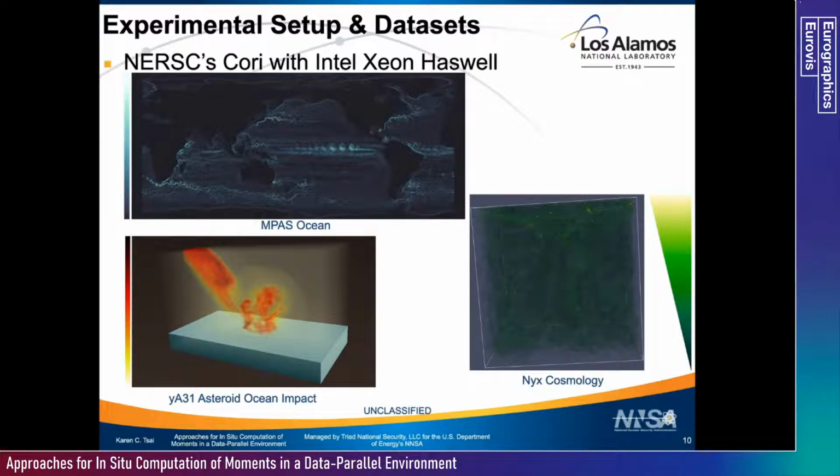Next, shown in the bottom left image, is a single time step from the YA31 asteroid ocean impact simulation. For this dataset, we focus on the temperature 3D scalar field. The third dataset is shown on the right. It is a single time step from the Nyx cosmology simulation. Here we focus on the dark matter density 3D scalar field.